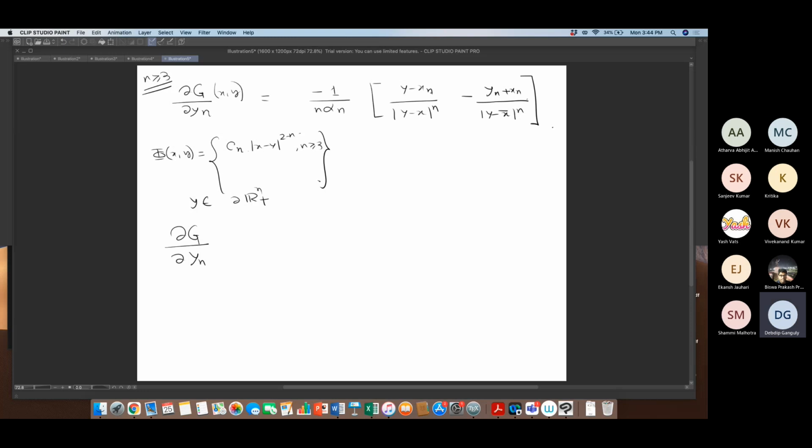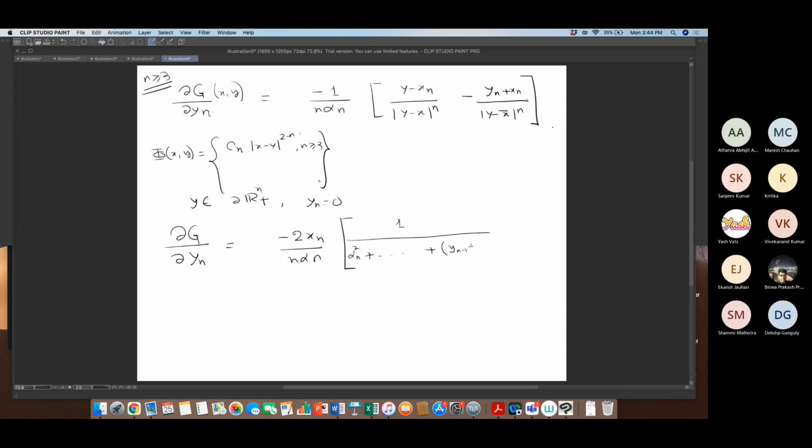That means you have to compute with xn equal to yn equal to 0. If you compute, the result will end up with xn by n alpha n. You just compute, you will see.